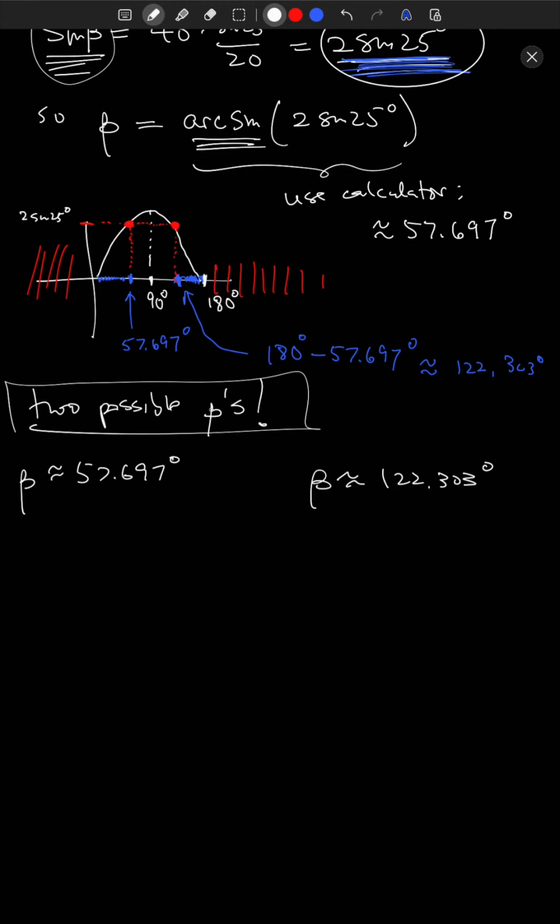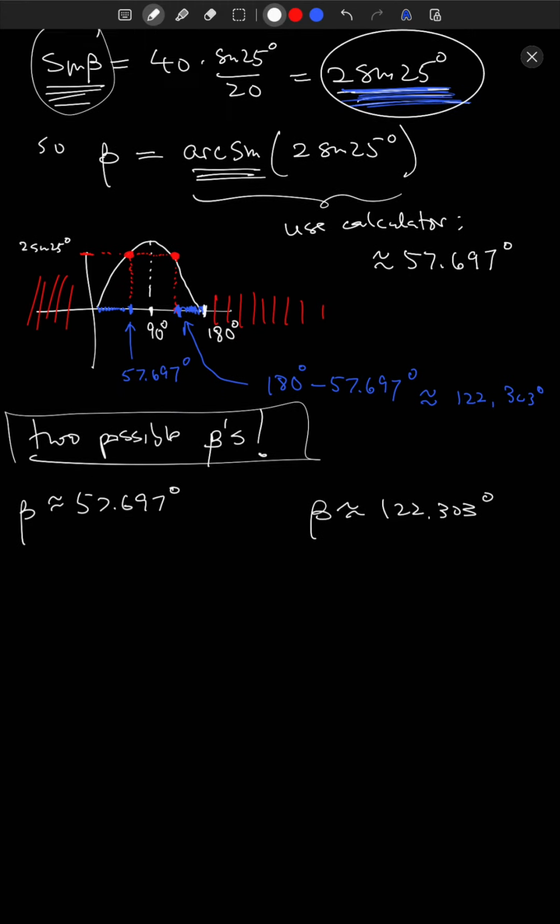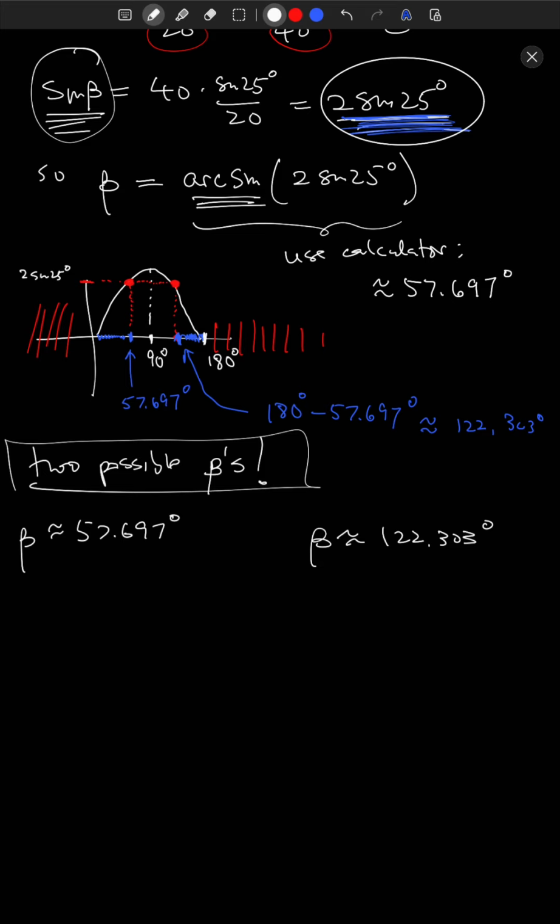It's really important to remember that our calculators will only give us one of them. There's potentially another one, because the arcsine button only gives you one possibility. It's always going to be missing all the other solutions when you're solving a sine problem, okay?